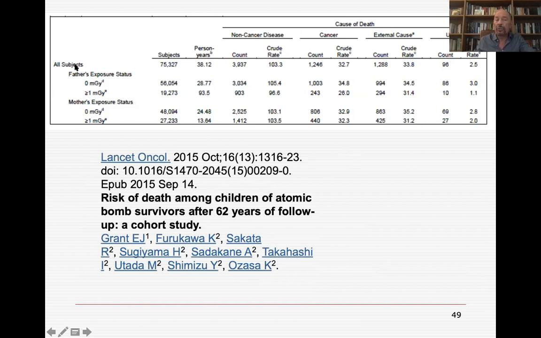You see, these are all subjects, by father exposure status, 0 dose or higher dose. If you put all of them together, there is no difference between the 2 cohorts in terms of mortality of the children. So no hereditary effects have ever been identified in Hiroshima and Nagasaki.